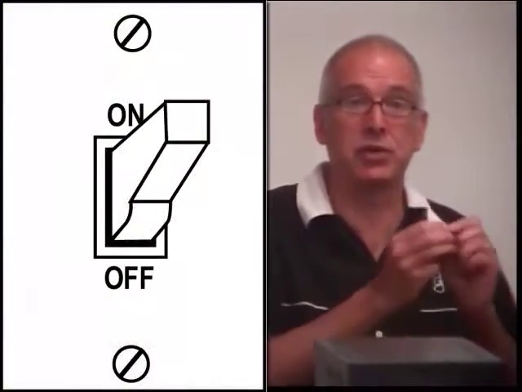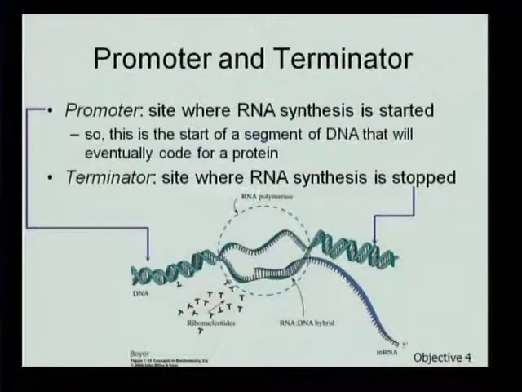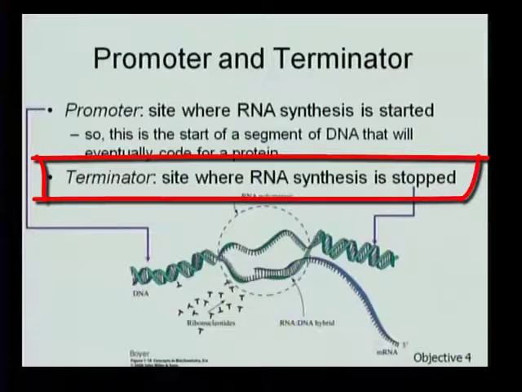They're molecular switches. So we're transcribing only one gene or only a suite of a few dozen or a few hundred or a few thousand genes in a particular cell at a particular time. And each one of those genes has a promoter region, which is where the RNA polymerase lays down and starts making the RNA, and then a terminator region, which is where the RNA polymerase lets go and quits making the messenger RNA.